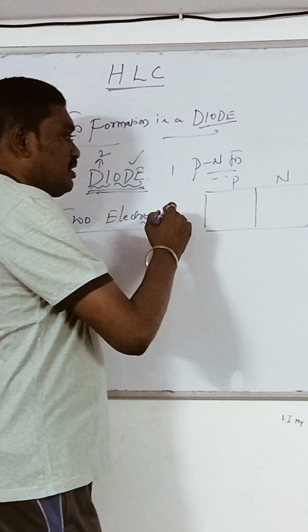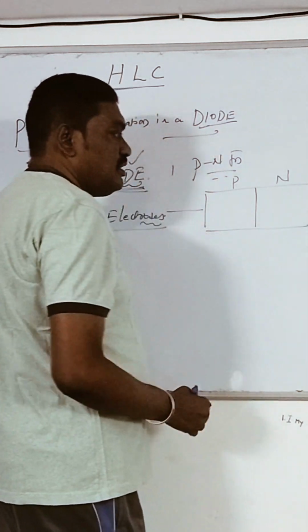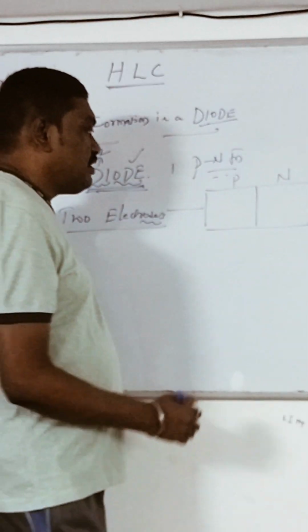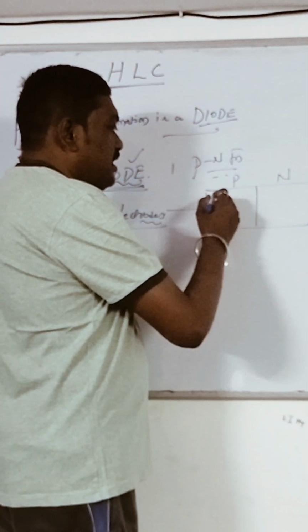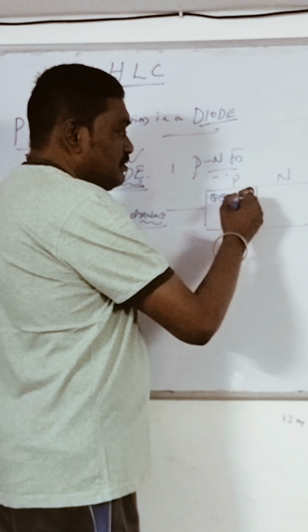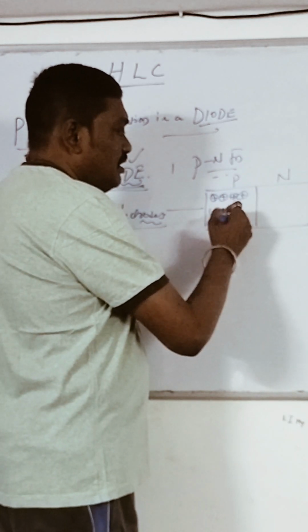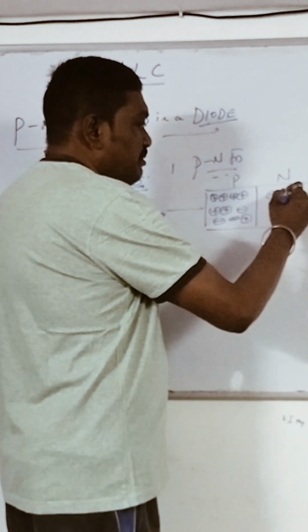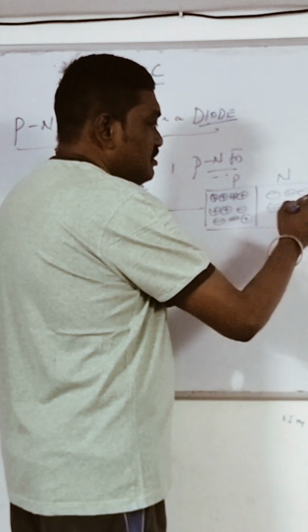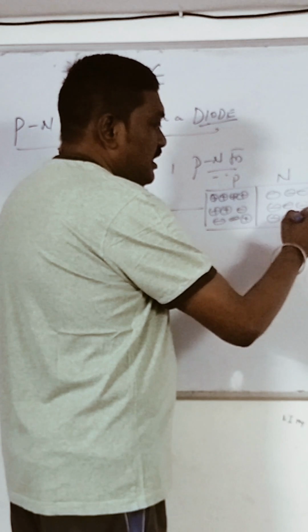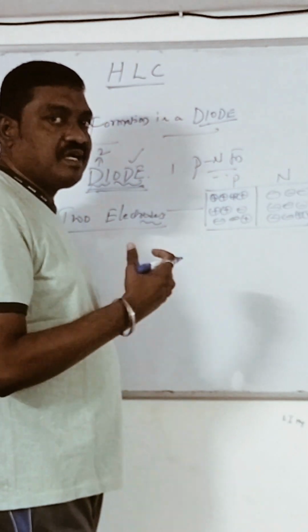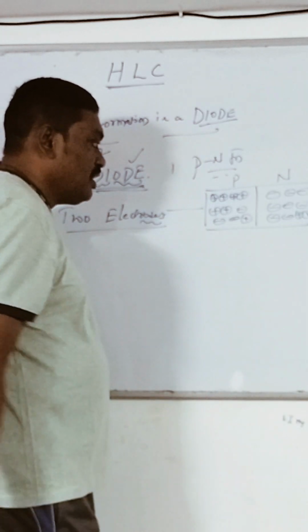When you provide two electrodes for these two, it is converted to a PN junction diode. In P-type material, the majority charge carriers are holes and the minority are electrons. In N-type, the majority charge carriers are electrons and the minority are holes. Both materials are extrinsic semiconductors, and we know how they are formed.